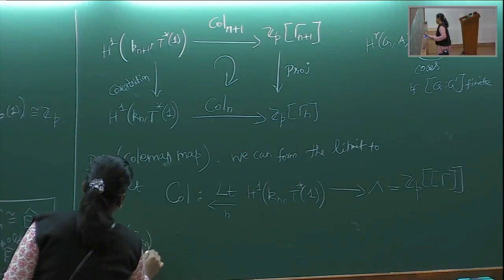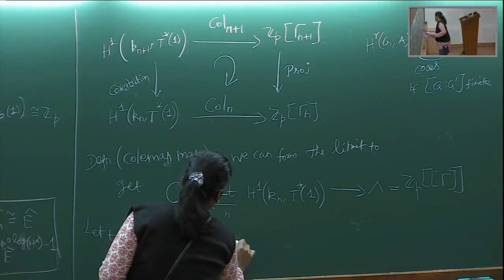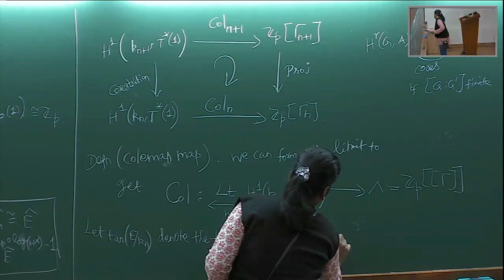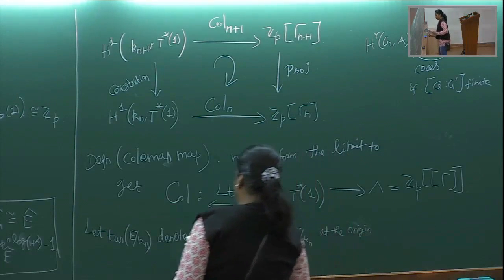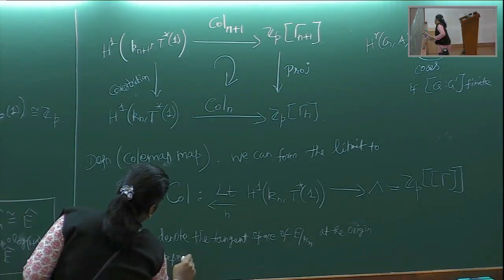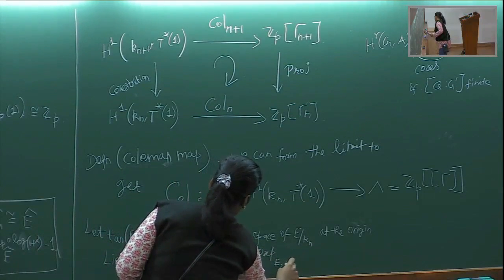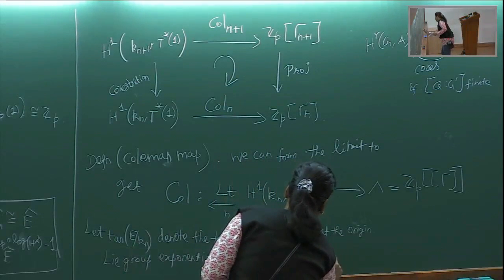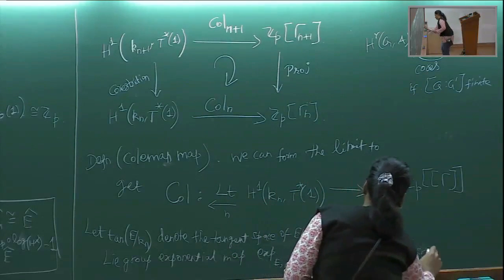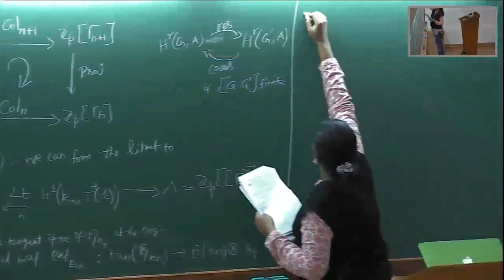Let Tan denote the tangent space of E over K. Then you have the Lie group exponential map. Dual map.